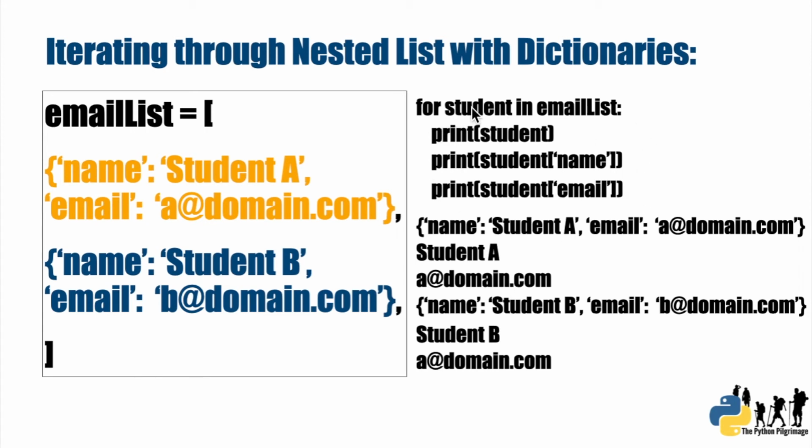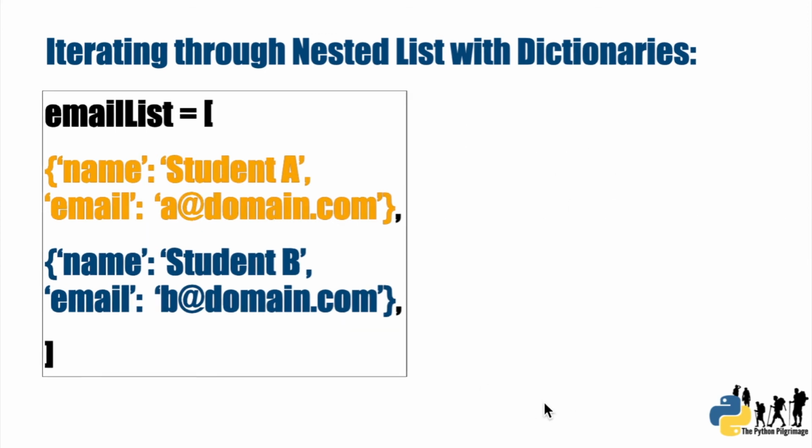So now your student holds the second index, which is the dictionary in blue. If you go inside this for loop, you're now holding the second index. Your student now is the one in blue, so that will print out name student B, email b@domain.com, and so on.